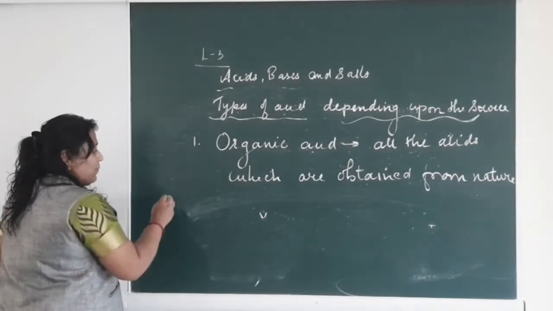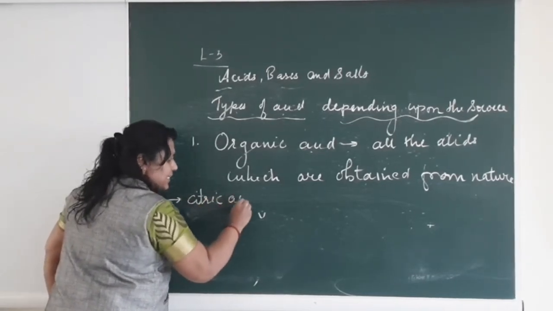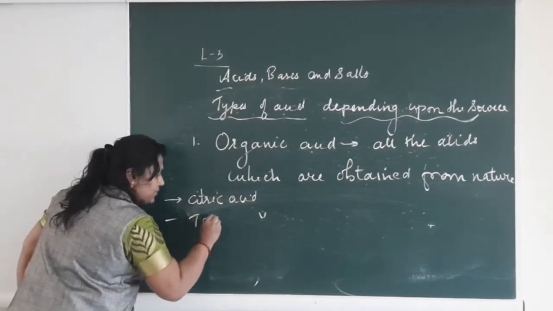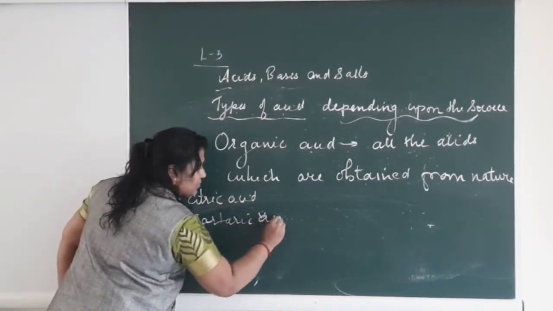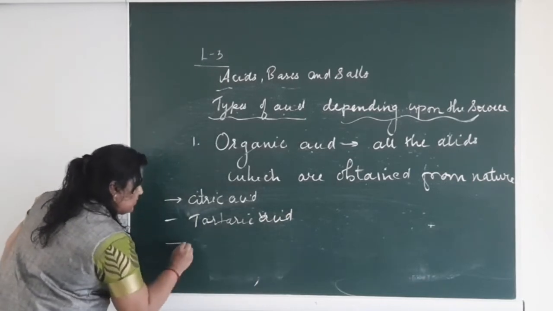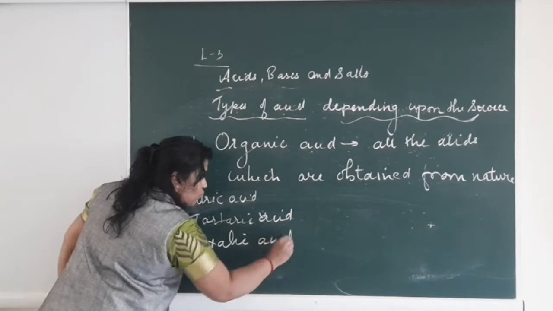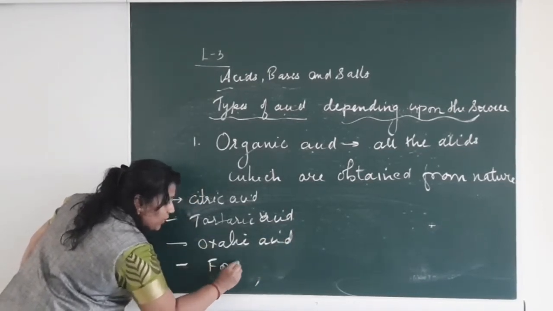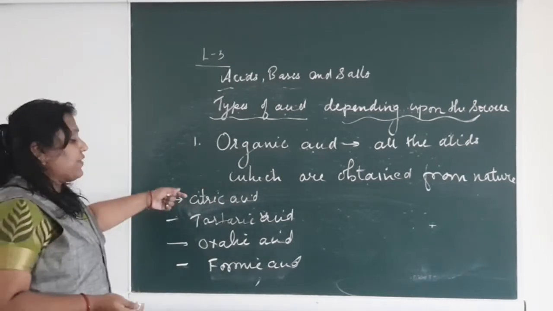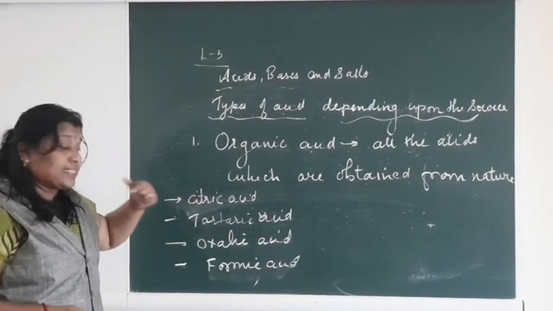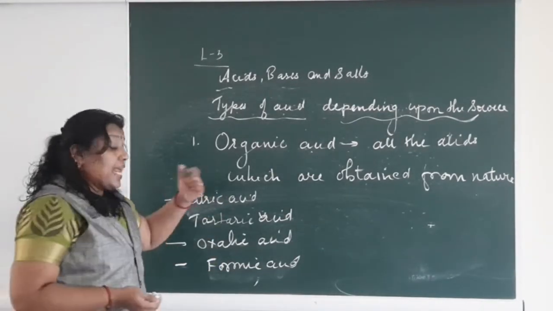Examples are citric acid, as I told you earlier, tartaric acid, oxalic acid, formic acid, and acetic acid.